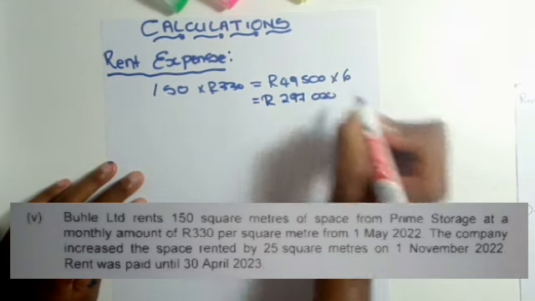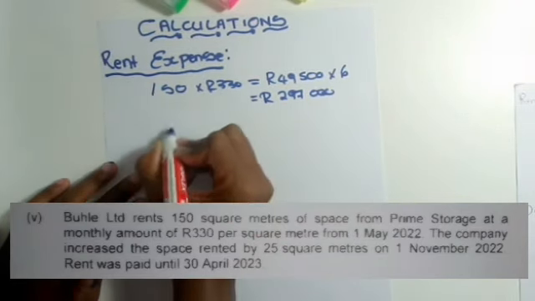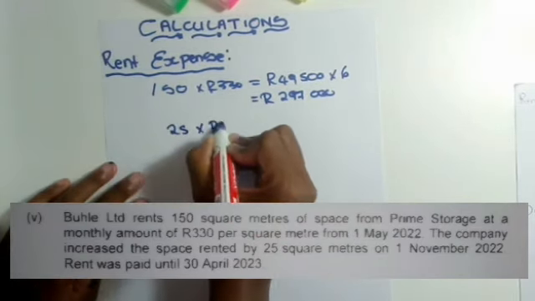297,000. Now for the rest of the year, I'm going to have to calculate it at an increased amount. Now they only told me that they increased it by 25 square meters, so I'm just going to calculate that 25 square meters using the amount, because the amount didn't change.